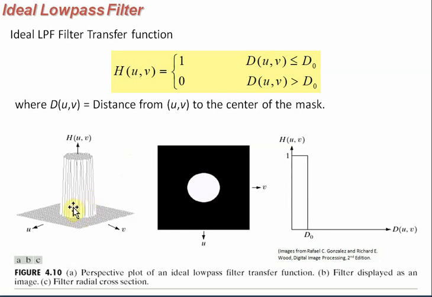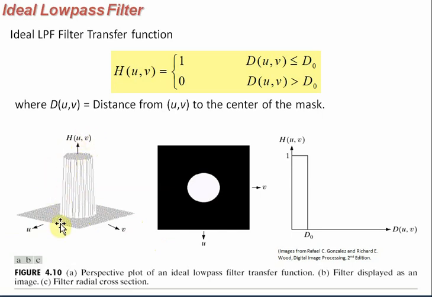Now if you observe, these are representations of H(u,v) in different ways. The first one is H(u,v) with respect to (u,v), which are the independent variables. Here the intensity levels of H(u,v) are like this.